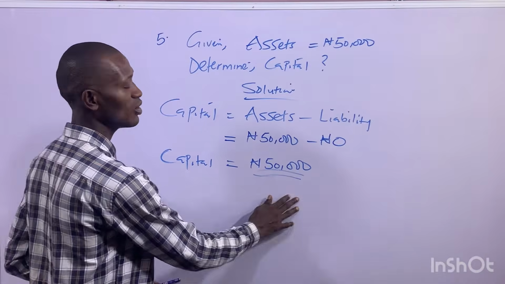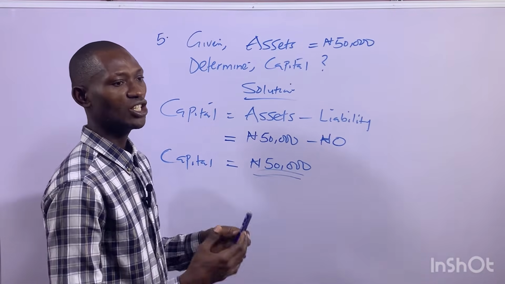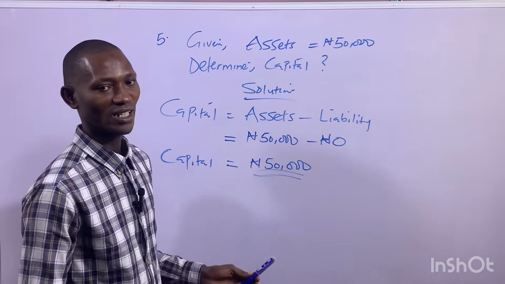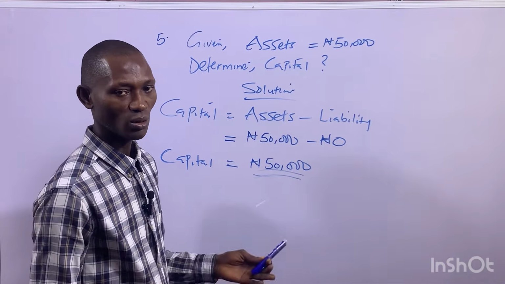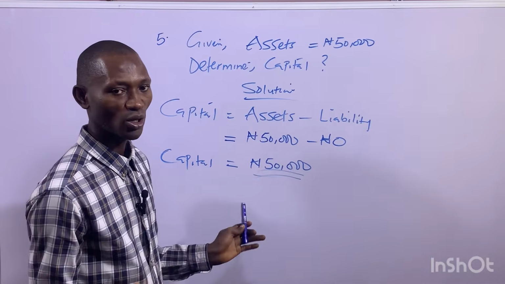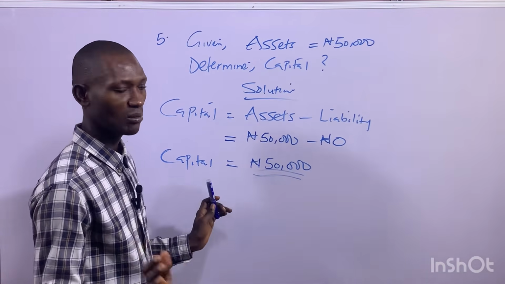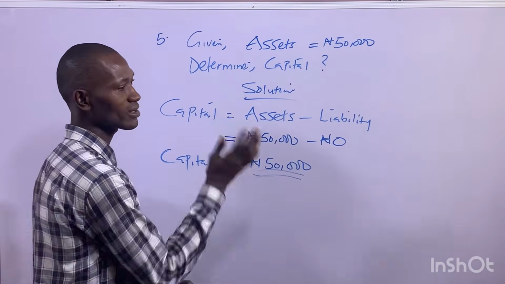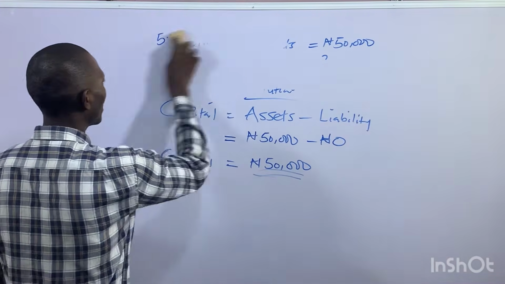This is for small scale businesses that don't require huge capital to start. The owner can just start the business with his own fund or money. That means the owner did not borrow any money from anybody, no creditors, no liability. That's the questions on accounting equation.